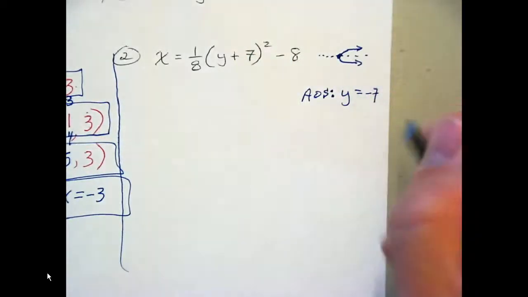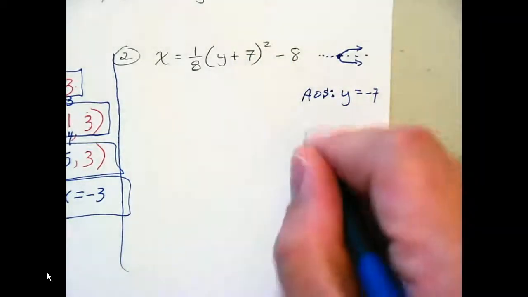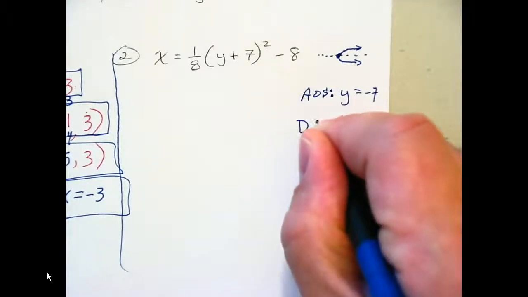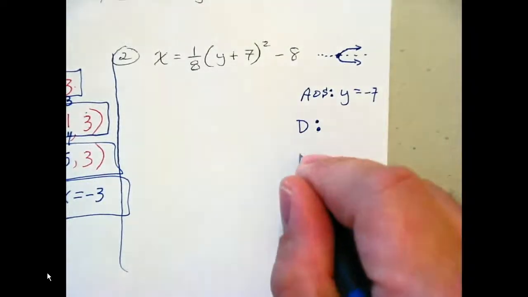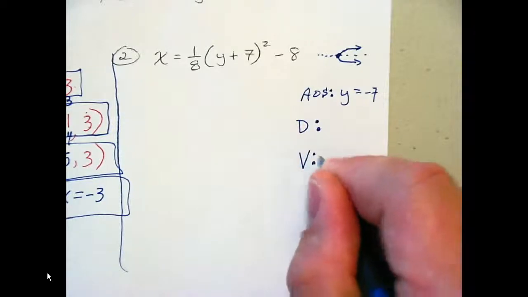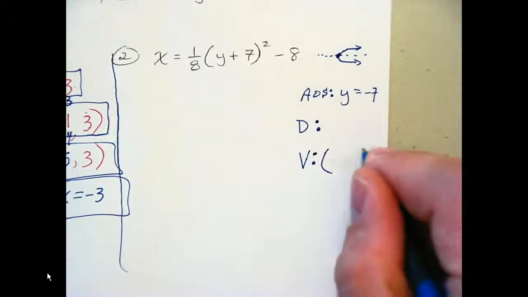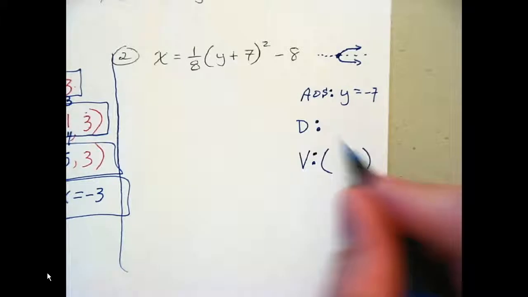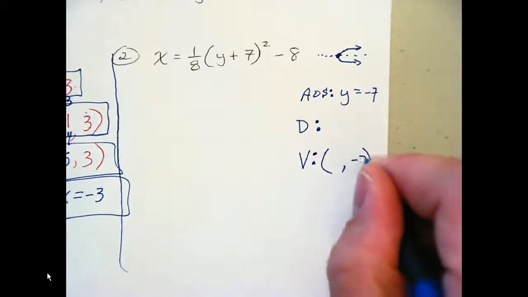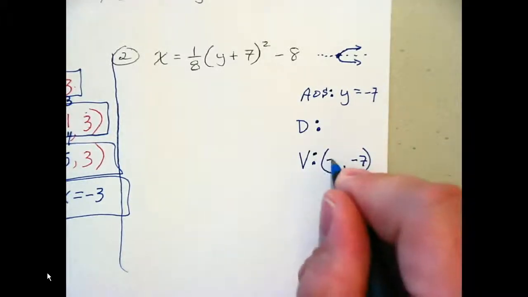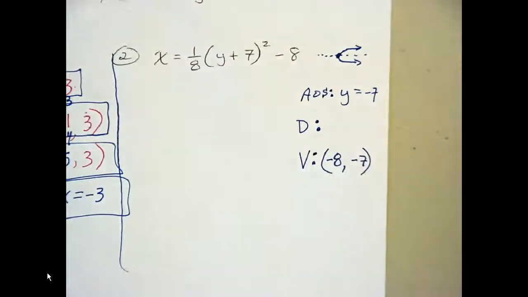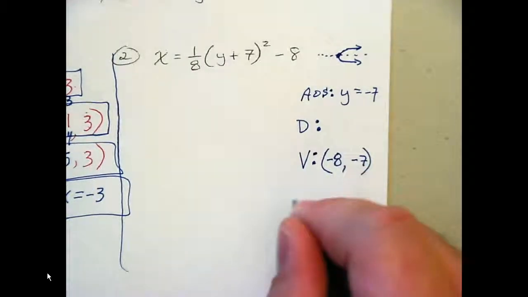It's in there with the y. I'm going to leave a spot for my directrix. I have my vertex. As far as my vertex goes, we know what y is, and x is -8. And then I have my focus.